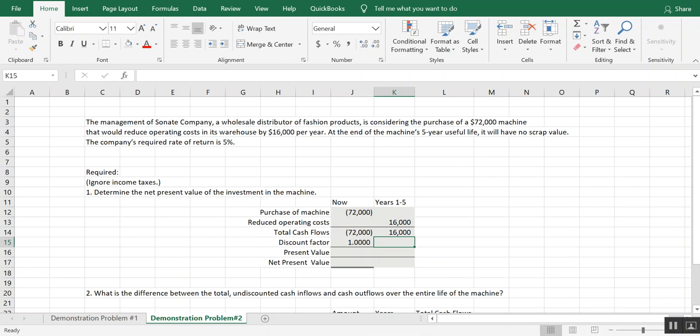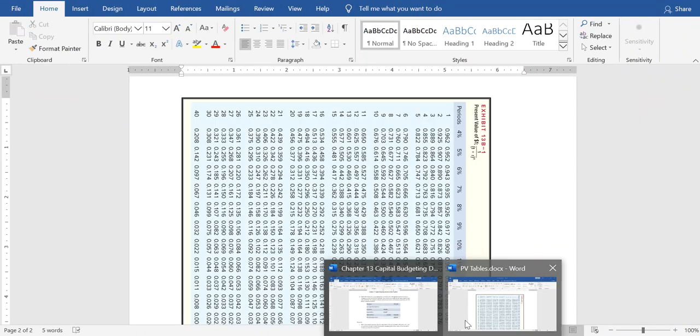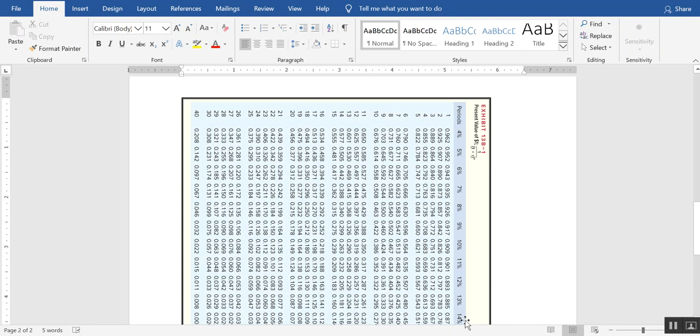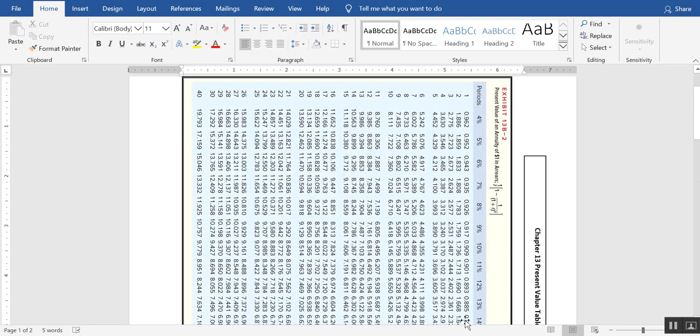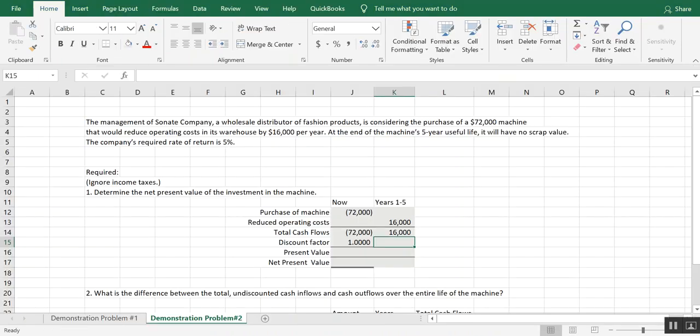So we're going to use that 5% in the table, and we're going to look at not the present value of $1, but the present value of an annuity for 5 periods at 5%, which you find this factor right here of 4.329. So we come back here and the annuity factor is 4.329.